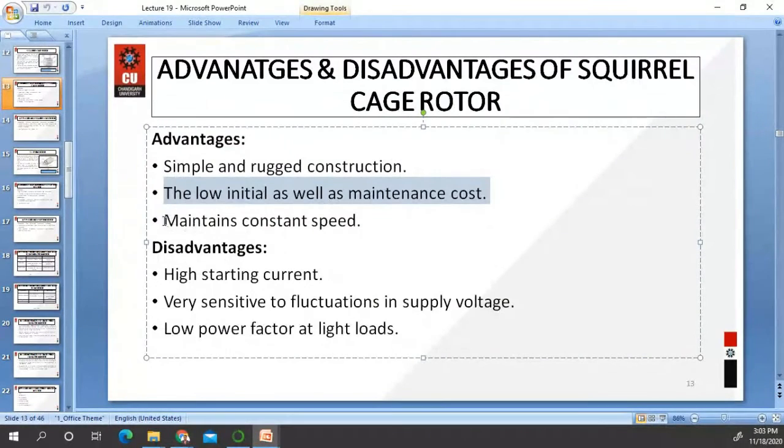It maintains constant speed, but has high starting current, is very sensitive to fluctuations in supply voltage, and has low power factor at light loads. So these are the advantages and disadvantages of the squirrel cage rotor. Clear?